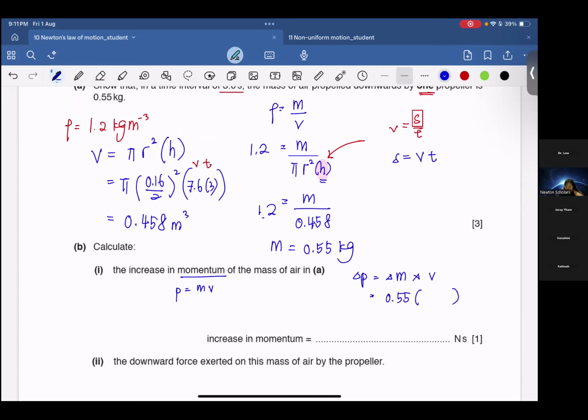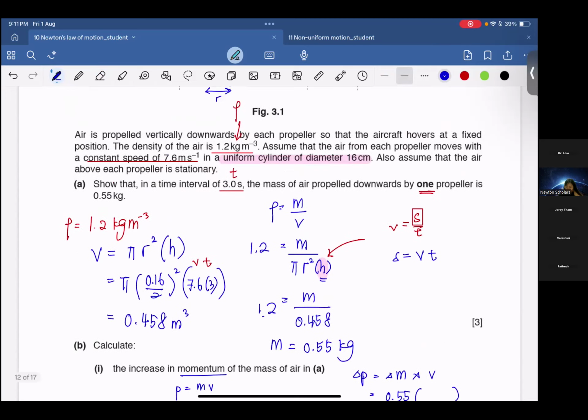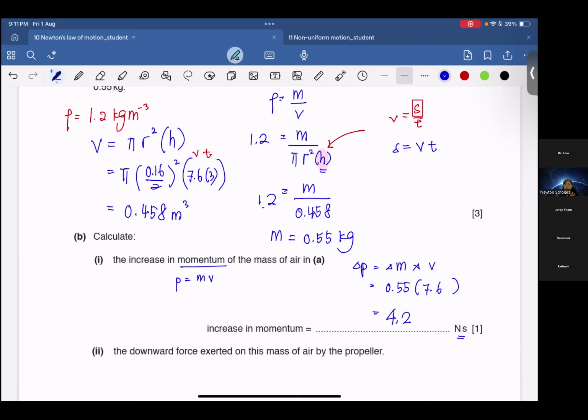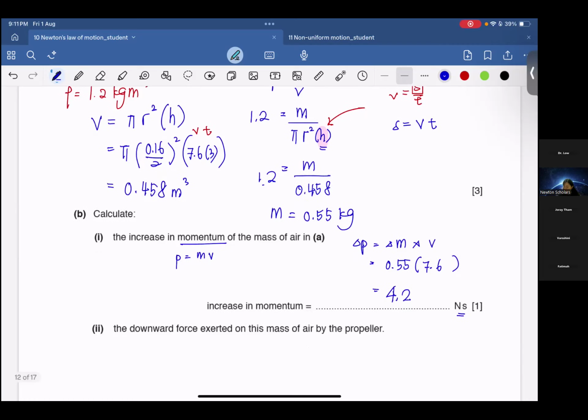How fast is the velocity moving? 7.6. So here, 7.6. Our answer for this question should be 4.2 Newton second. For momentum, we have two units. One unit is Newton second, and another unit is kg meter per second. Both units are the same.